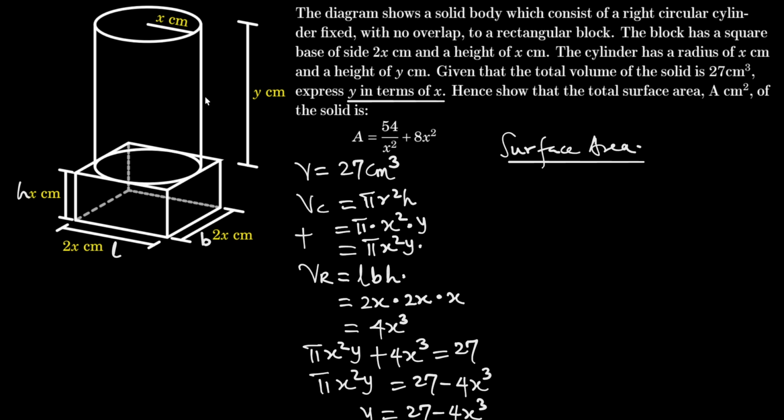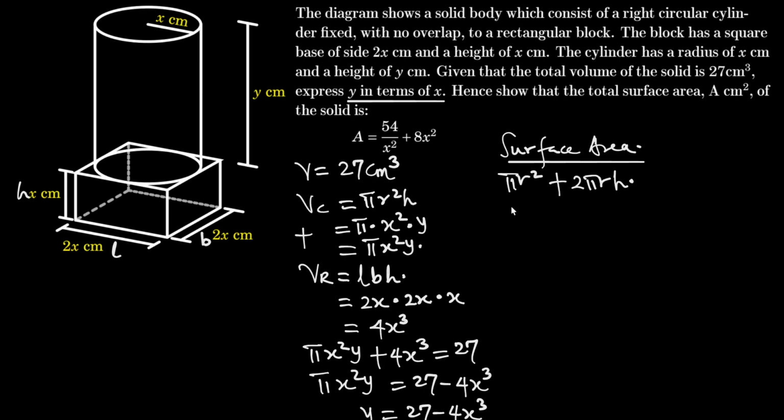So the only thing that is visible to us is the cylindrical body, the curved body rather, and the top, right? So which means that we have the top, the circular top, pi r squared plus the body, 2 pi r h, just the curved surface.